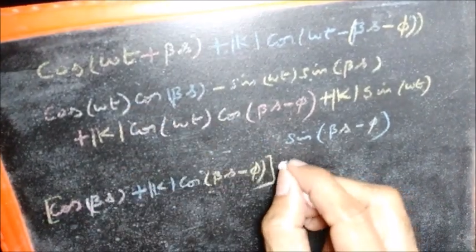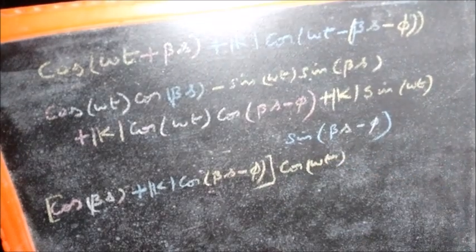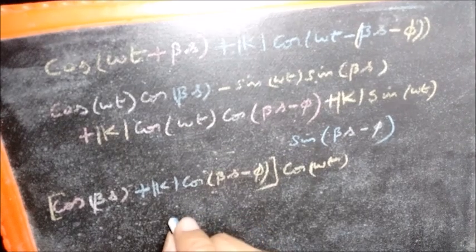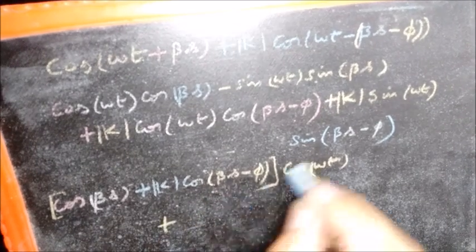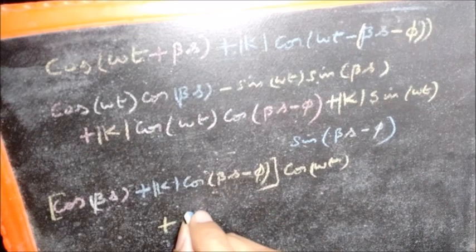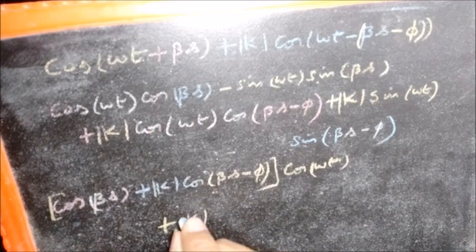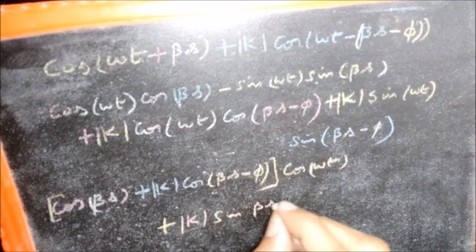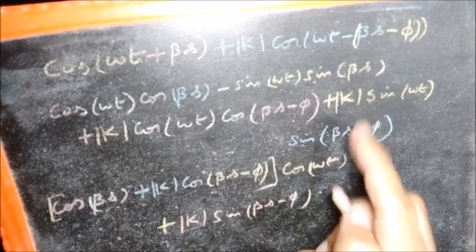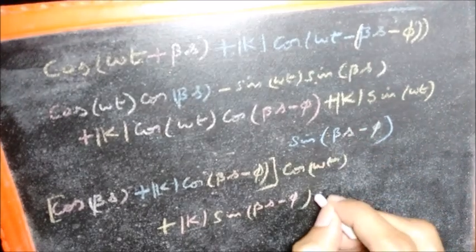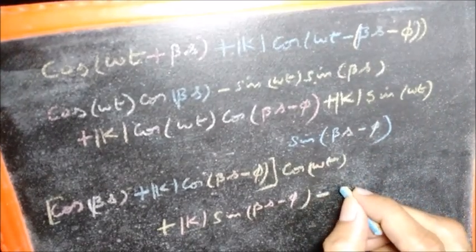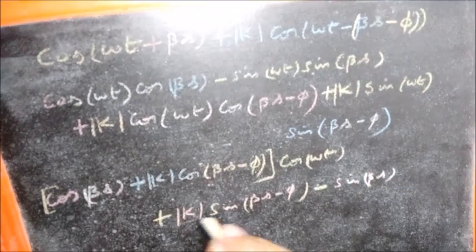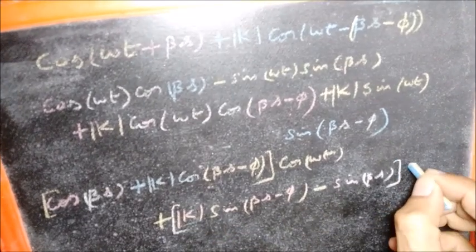From these two, I take cos omega t as a common factor, and then plus magnitude k sin(beta s minus phi) minus sin beta s, sin omega t.